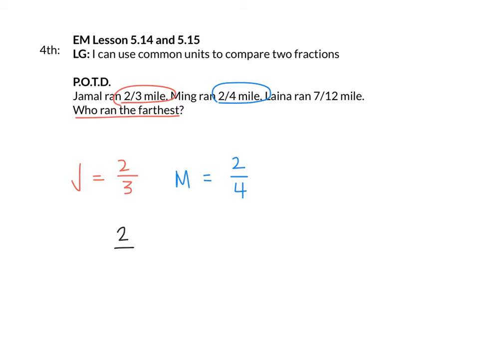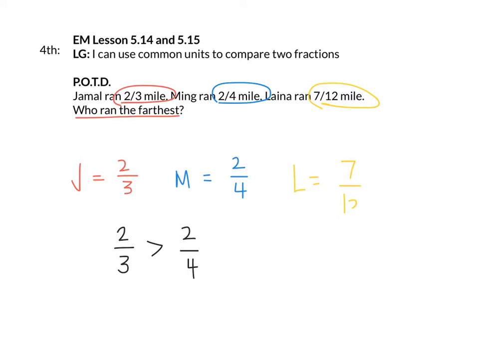So if I have 2/3 and 2/4, which one's going to be more? What's bigger, 1/3 or 1/4? 1/3. So what's bigger, 2/3 or 2/4? 2/3. So who ran farther, Jamal or Ming? Jamal. Good.